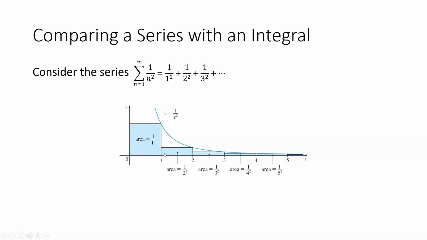Each of these rectangles has an area that's equal to a term of the series. So we're summing up all of these rectangles, and if we compare that with the area under the curve y equals 1 over x squared, we can see that the integral from 1 to infinity would correspond to the area under the curve.